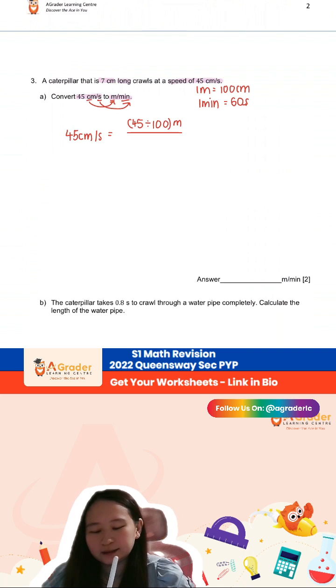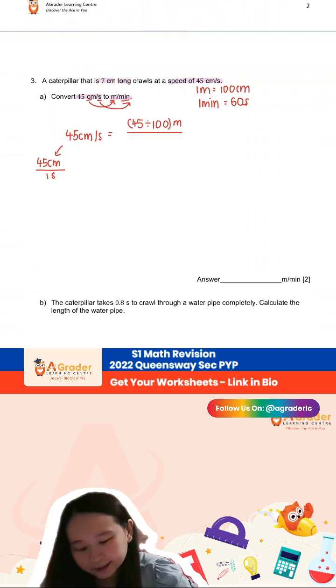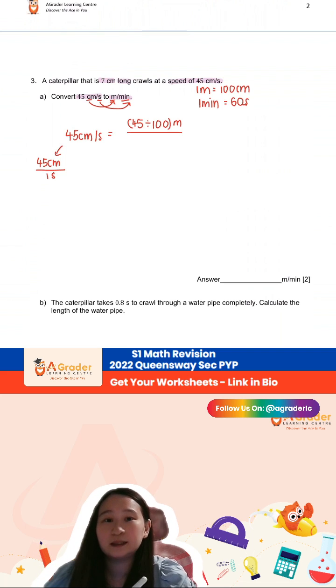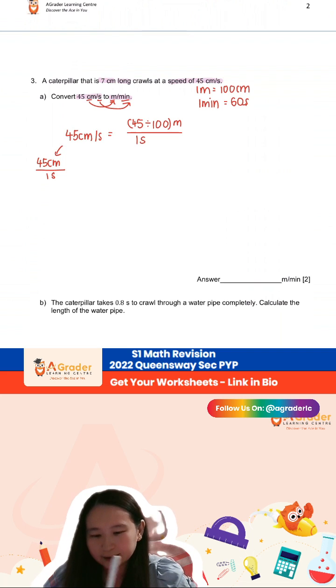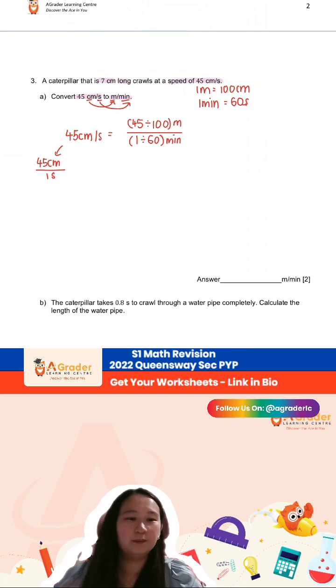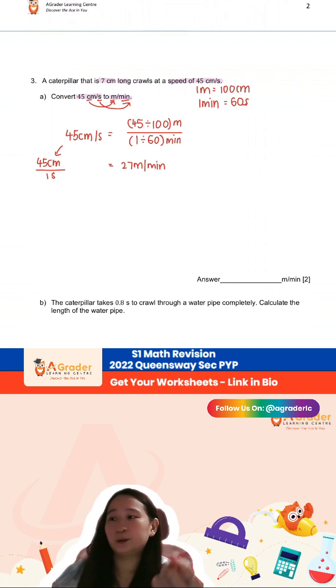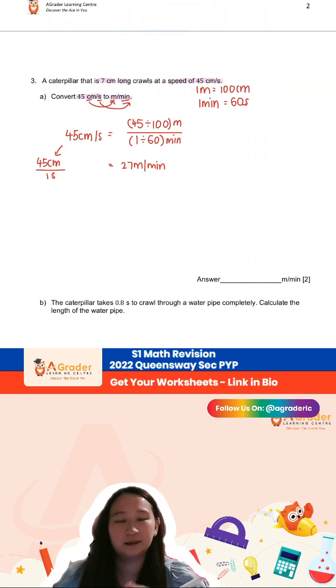So this actually means 45 centimeter divided by 1 second. So this 1 second, we convert it to minute. So 1 second convert to minute, you have to divide by 60. Then you will get meter per minute. Okay? When you key into your calculator, you'll get 27 meter per minute.